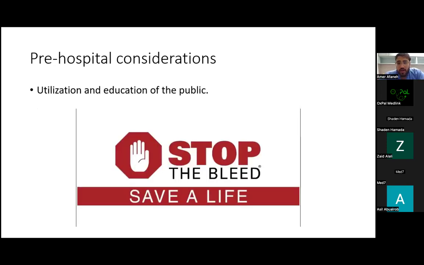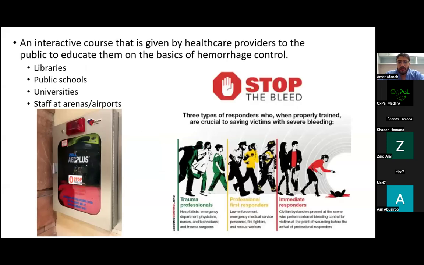We talk about pre-hospital, and this is what I wanted to focus on in this talk, utilizing and educating the public. So in the United States, the American College of Surgeons has a course called Stop the Bleed. This is a course that healthcare providers give to the public.